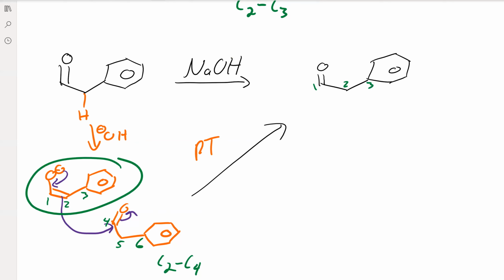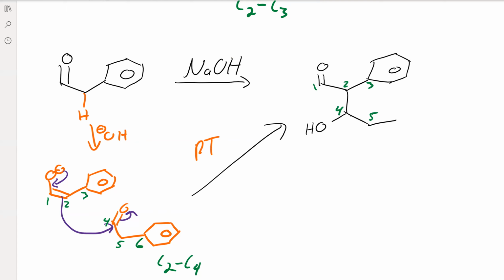That's just from our starting material. You can see that the carbonyl is reformed. And then coming off of carbon number 2, we have carbon number 4, which now has the O-, which gets protonated into an OH. So that's carbon number 4. And then carbon number 4 also has carbon number 5 attached to it. And then carbon number 5 has carbon number 6 attached to it, which is a benzene ring. Boom. And so that's how you would draw the end product.